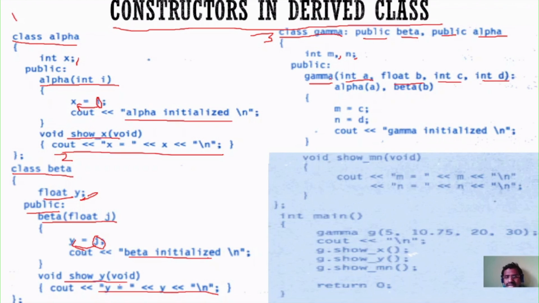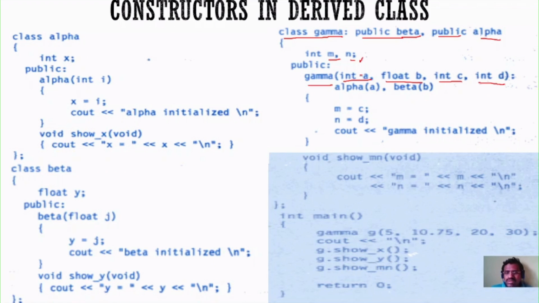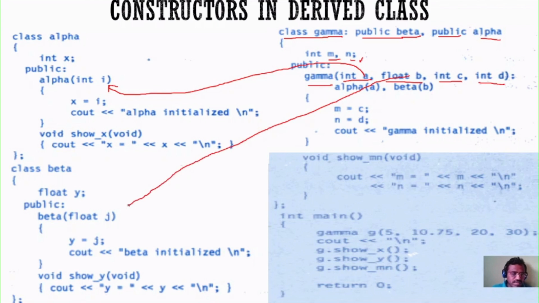Here in the derived class we have to pass all the arguments contained in the base classes. So the number of arguments passed is 4. Kindly note that in the derived class gamma, I have to pass the arguments for the base classes. This int a will be passed to alpha, whereas this float b will be passed to the beta class.